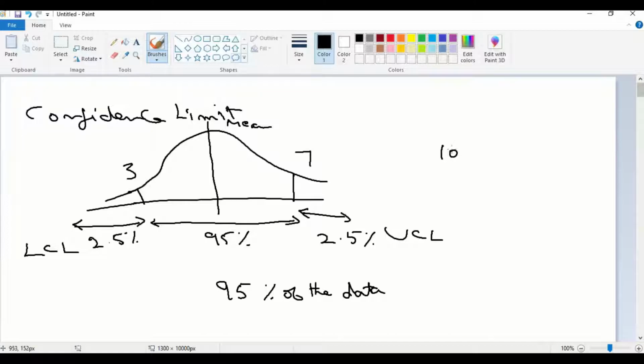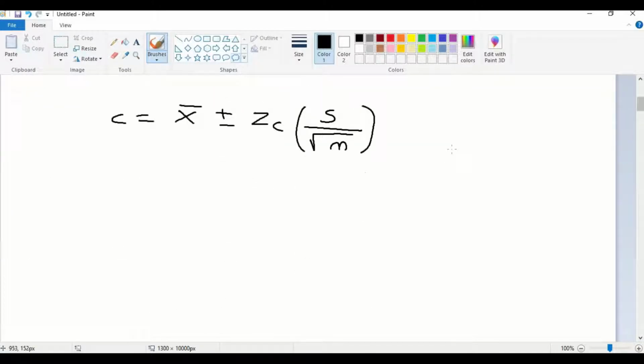So how to find the confidence interval? We are going to use this formula. C is a confidence interval. X bar is a mean of the sample. ZC is a Z value of confidence level.